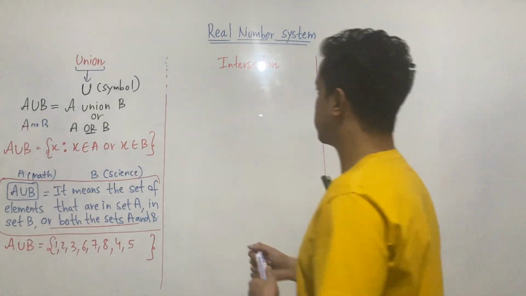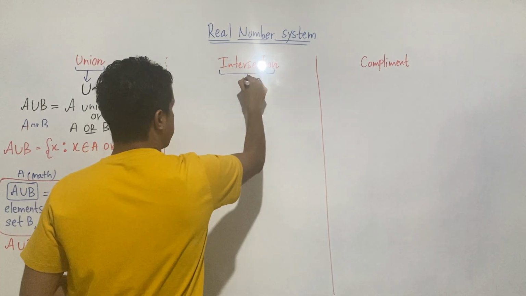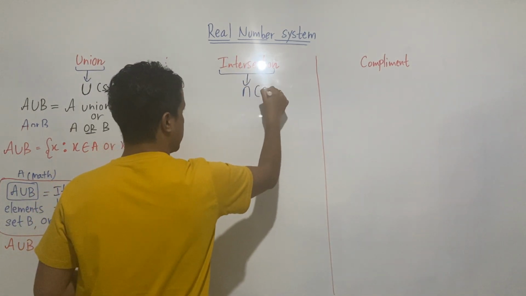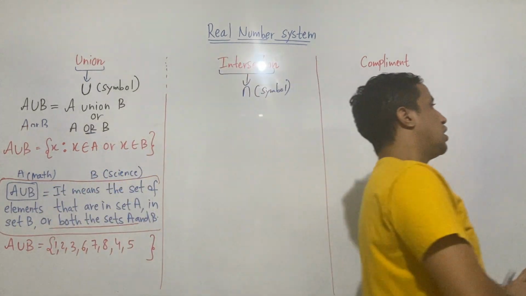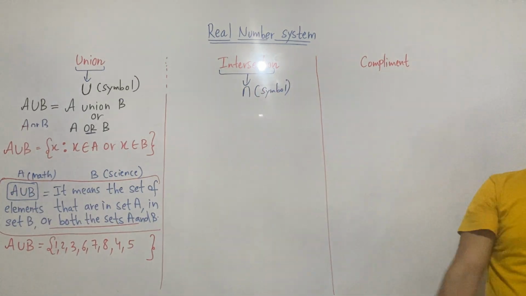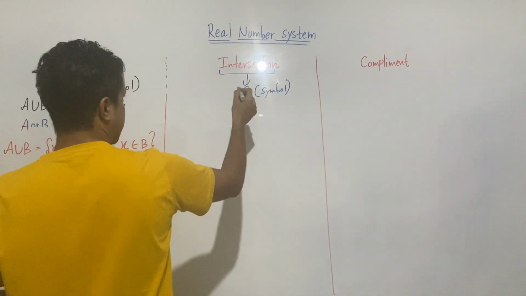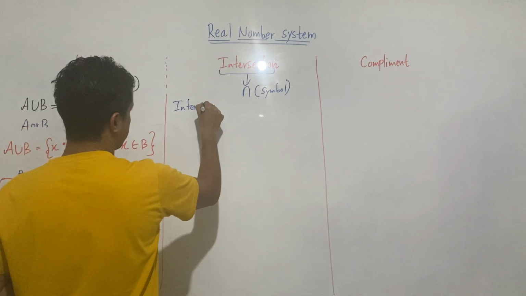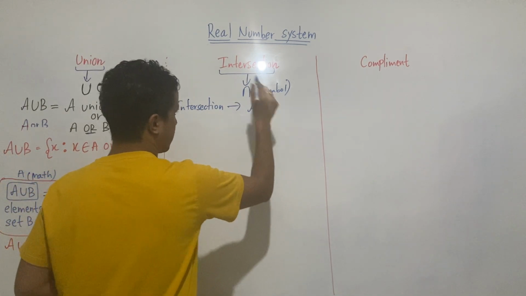Now intersection is very easy. First of all, it is denoted by this symbol, inverted U. This is your symbol. Now, the meaning of intersection: see here, union means or, intersection means and. Understand?